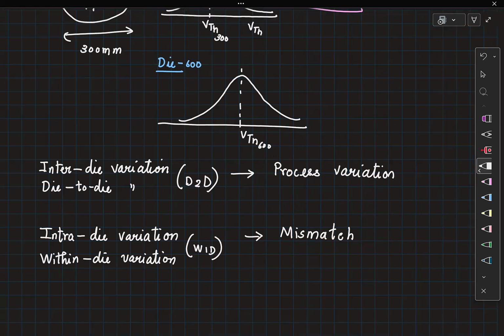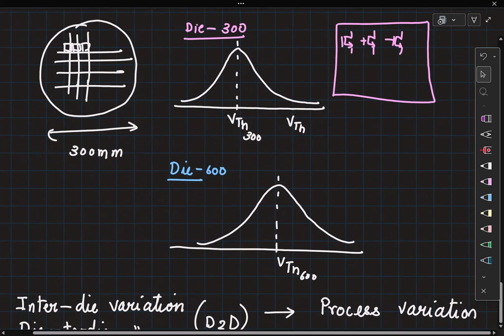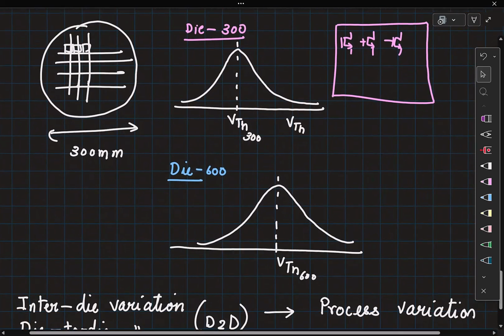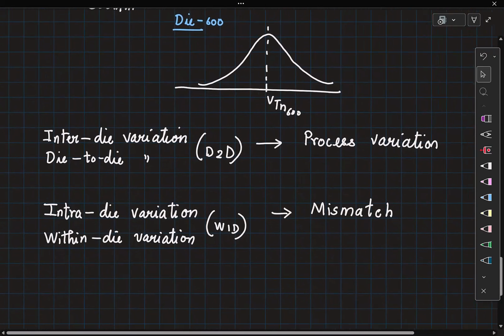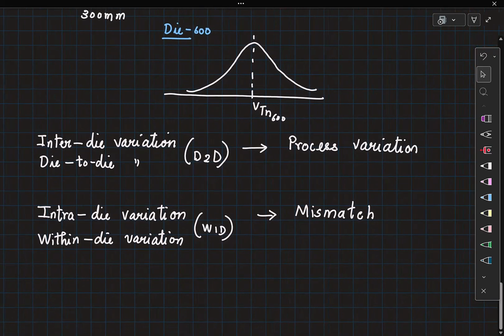Now, the reasons for all of this variation come from the fabrication process itself. Could be difference in the doping concentration, the difference in how much is etched, how much chemical concentration was seen at a particular corner of the wafer during an etching process, etc. So all the small irregularities and randomness in the fabrication process translate to either a process variation or mismatch between the transistors for us.